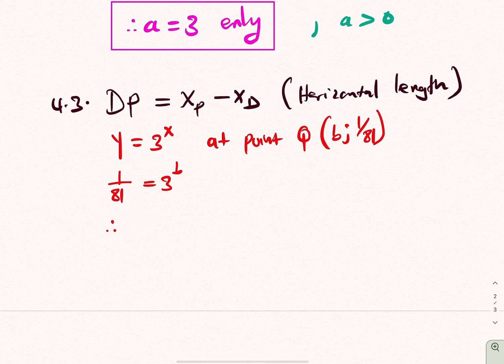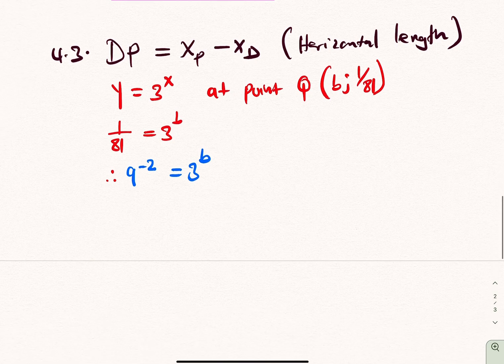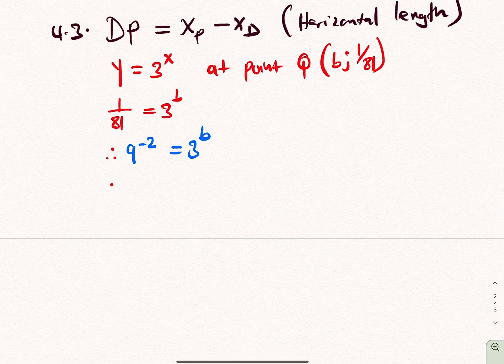But if you are battling with that, you can say first 1 over 3 to the power 4 is 3 to the power negative 4. These are necessary steps, by the way. But if you don't trust your capacity, you must do it. So I trust mine, but for the benefit of your attention, I'm doing it.